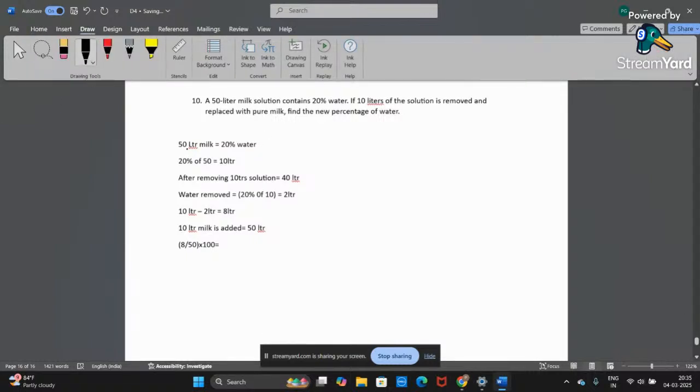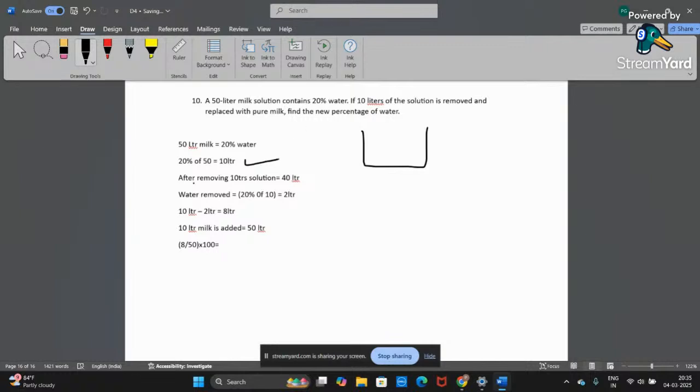I'll repeat it again. A 50 liter milk solution contains 20% of water. Okay, 10 liters of solution is removed. Already in 50 liters of milk, it contains 20% of water. It's a mixture now. So in that 20 percent is removed means we are removing 10 liters.